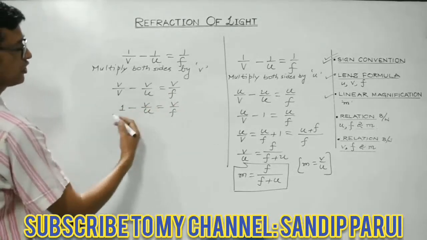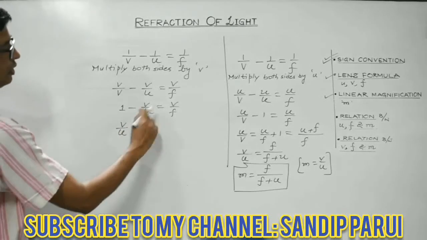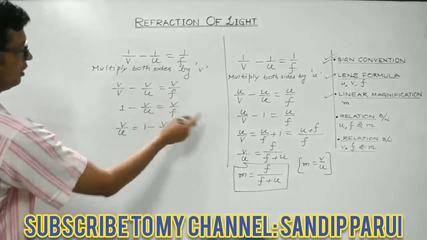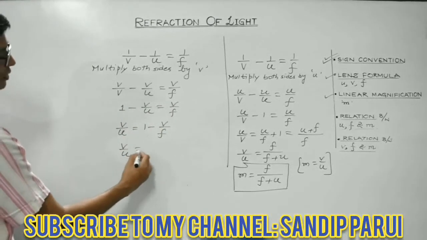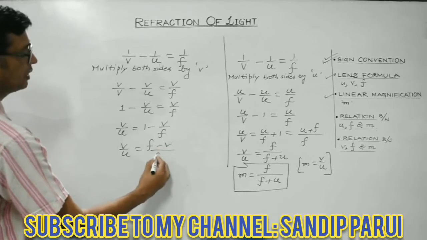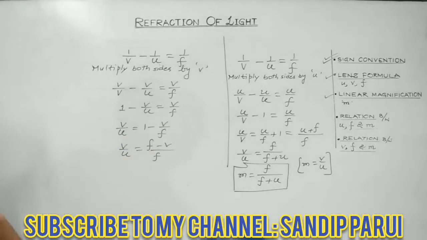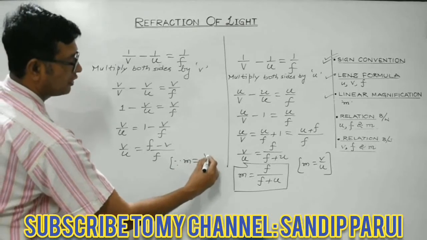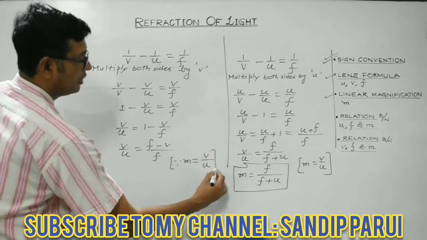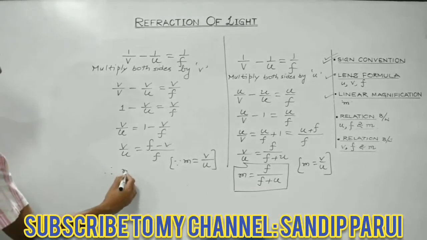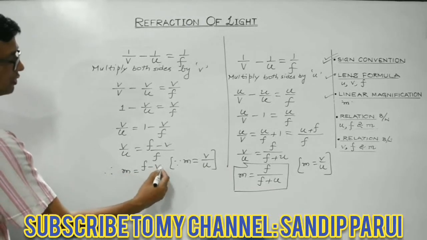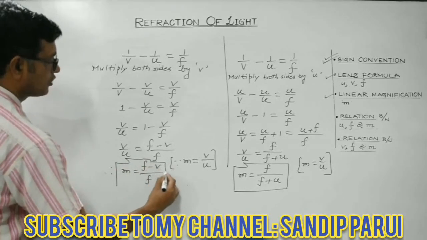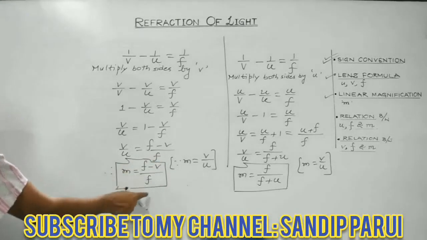So interchanging the terms, v by u will be equal to 1 minus v by f. So v by u is equal to f minus v divided by f, taking LCM. Now since linear magnification in the case of lens is given by v by u, therefore m would be equal to f minus v divided by f. So this is the relationship between m, v and f.